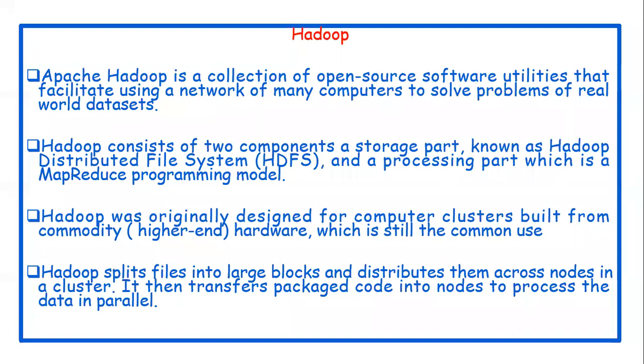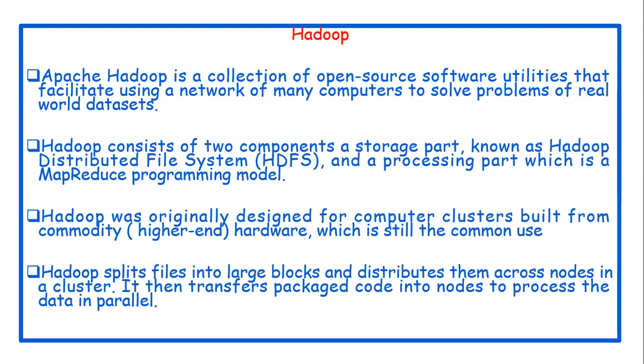And next, the entire code is nothing but map code and reduce code. This map program and reduce program, and also shuffling and partitioning, all this software packaged code will run in a parallel processing manner.